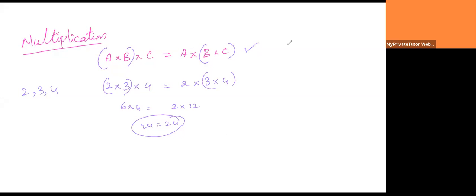So this is about the associative property. This works only for addition and multiplication. It won't work for subtraction. You want to try why it won't work? If you take the same example, 2 minus 3 minus 4, is it the same? Yeah, it is the same. What if we have, yeah, just try this.